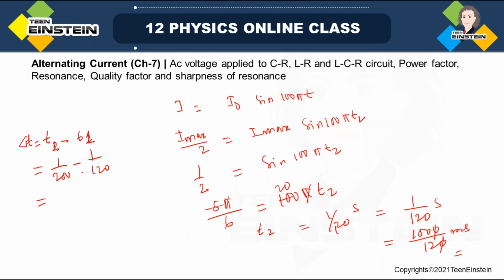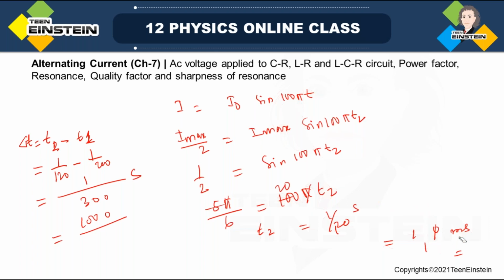So during this time interval, if we take this difference, this will give you 1 over 300. If you want to make milli, let us not worry about that here.